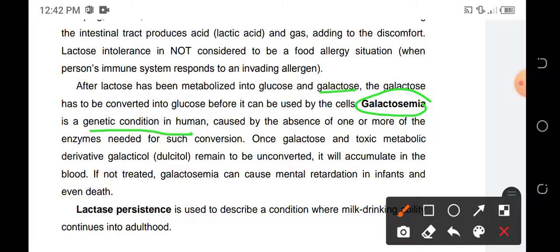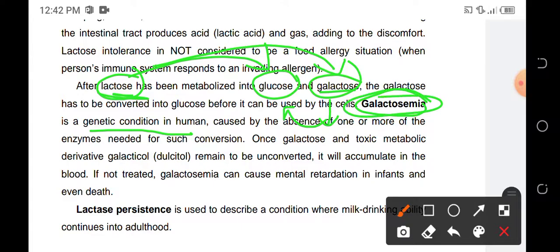So the galactose, once lactose has been metabolized or hydrolyzed to its monomers, glucose and galactose, the galactose has to be converted to glucose again so that it could be used by the body. Now, kahit na meron kang lactase that breaks down this disaccharide into glucose and galactose, pero kung wala ka rin namang enzyme to convert that galactose to glucose, you're going to suffer from galactosemia.